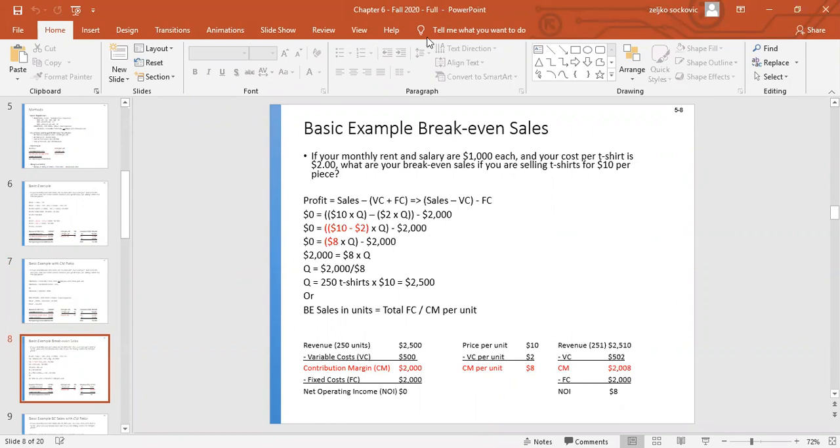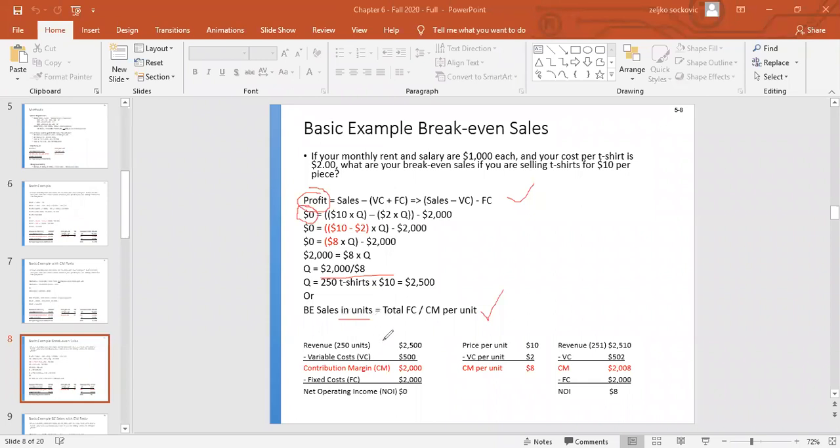So if you're working with this format here, you set up your profit to be 0, and then you work your way through it, and you end up with that shortcut: fixed cost divided by contribution margin per unit. This will give you sales in units.